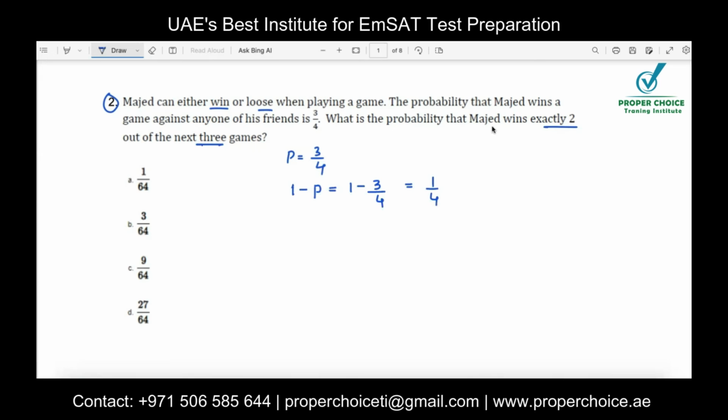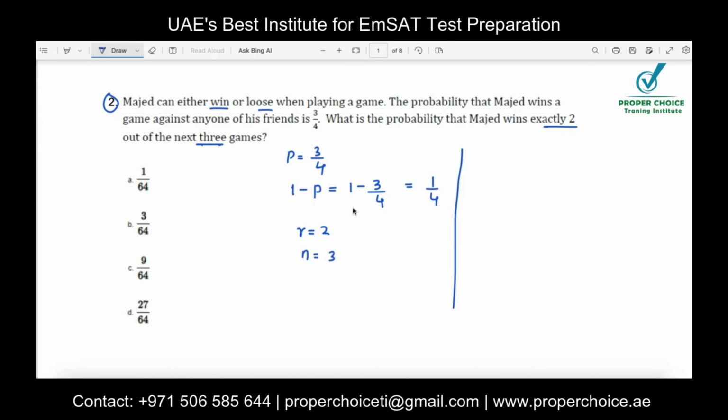Now he says Majid wins exactly 2 matches out of the next 3. So the value of r here is going to be 2, and the total number of times the game is played, n, is going to be 3. I am using r and n as per the formula.